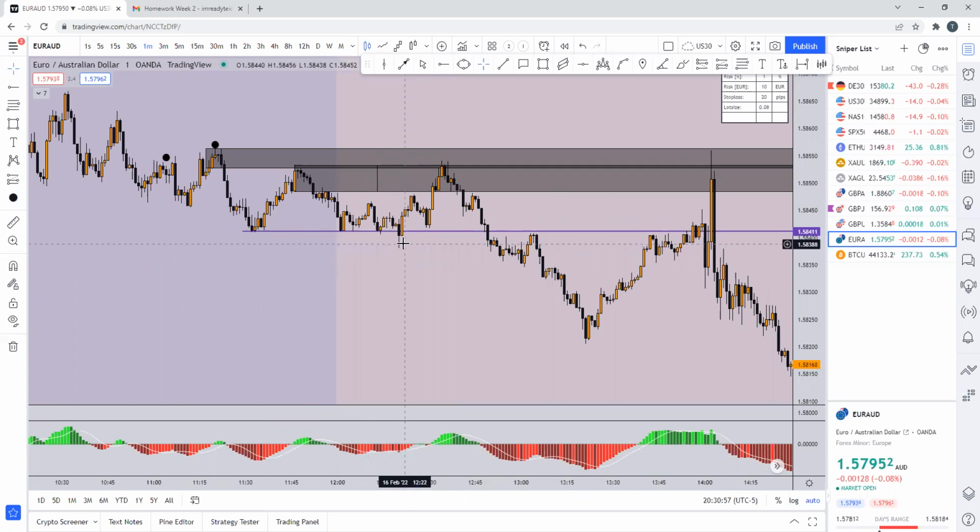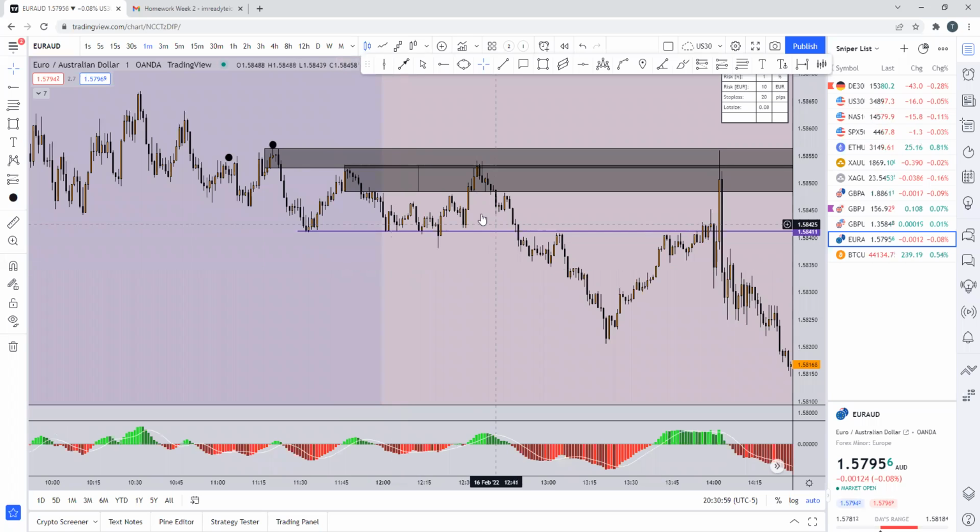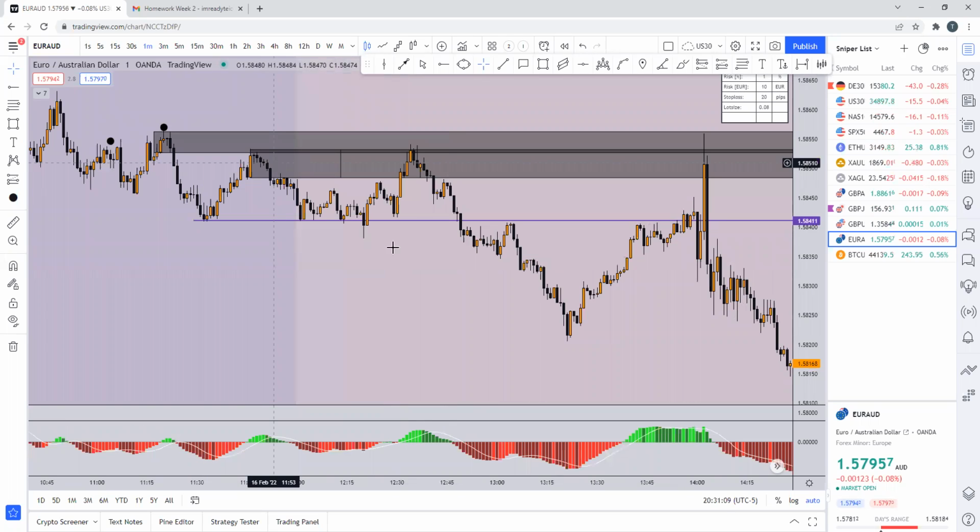Once you get the break over here, and mind you, this is really consolidation. Once you realize you're in consolidation, you kind of want to stay out of it, because consolidation is very tricky to utilize this in. It's easy to make a lot of errors.